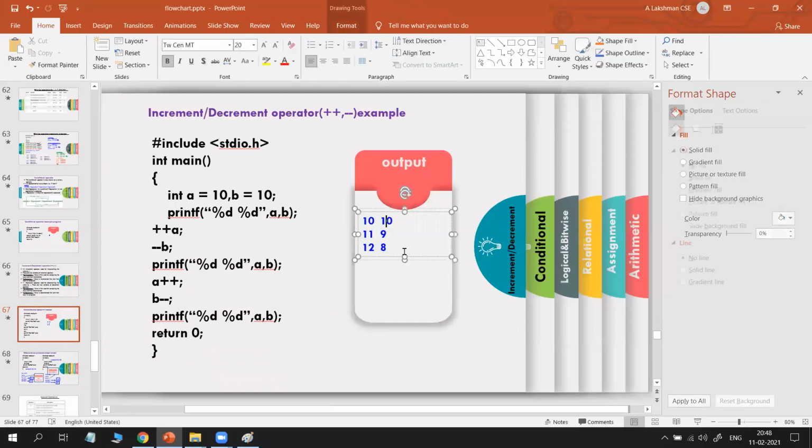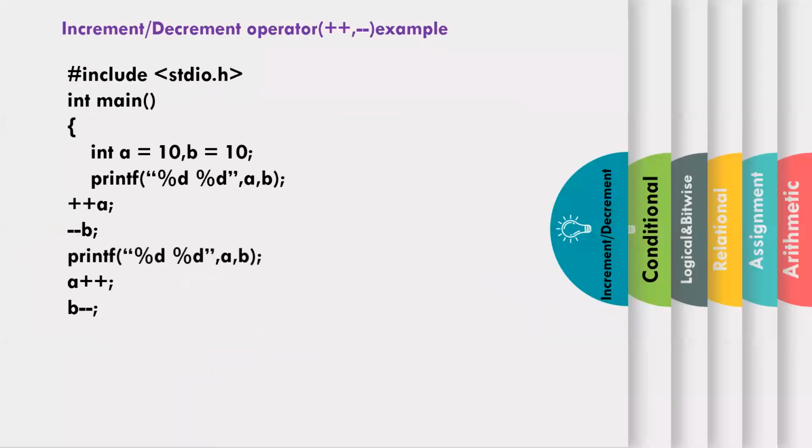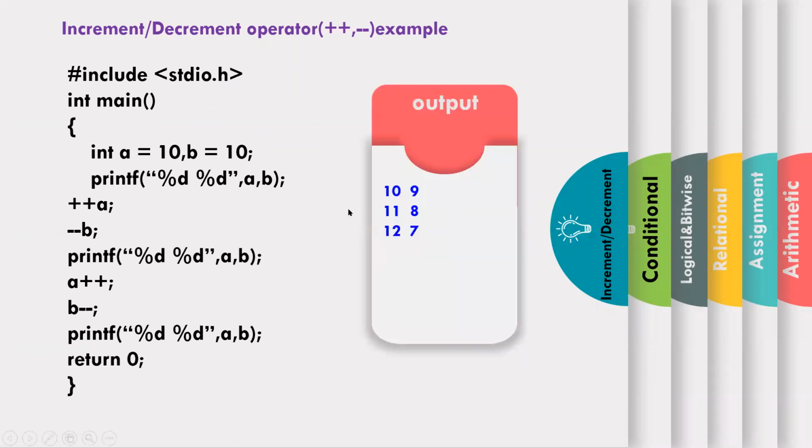Okay, I will change this. Actually, I changed the values. So 10 and 9. Now this is 8 and this is 7. So now the A, B values after this statement are 10 and 9. After the first printf, it is decremented and incremented.